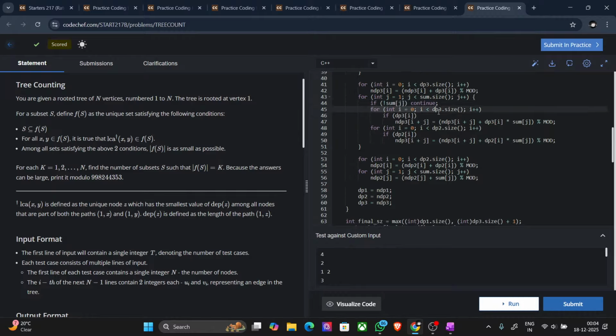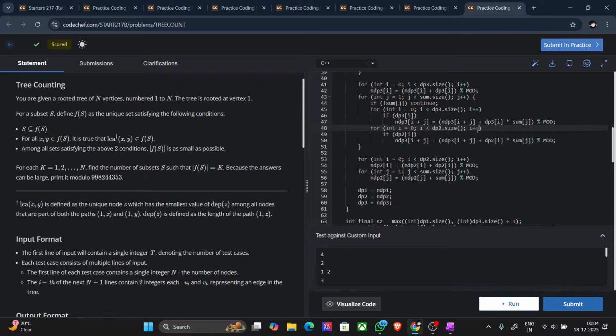Then I have iterated over the third scenario, that is, if there are two or more children present in that particular state or in that particular dp, I have again added as ndp3[i+j] equals ndp3[i+j] plus dp3[i] into sum[j], modulus mod, correct.